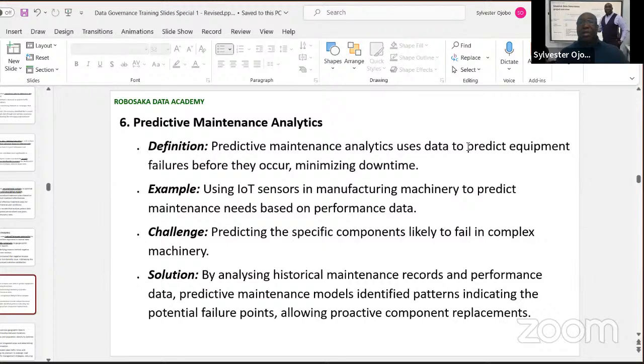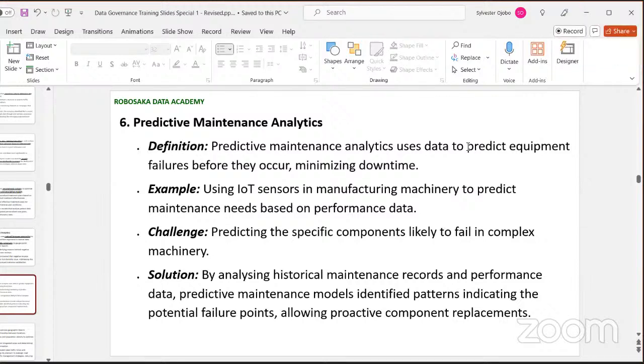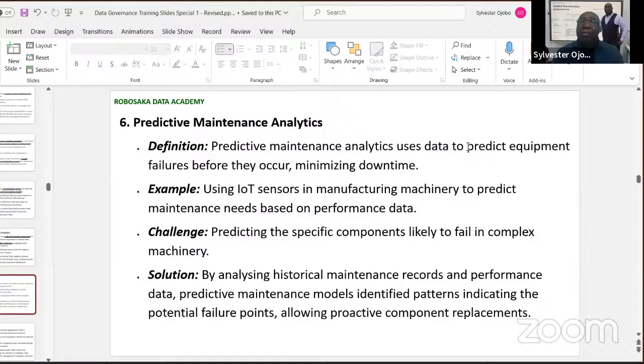Not only manufacturing companies, even companies that are using hardware. So you know the lifespan of the hardware. This is about predictive maintenance.